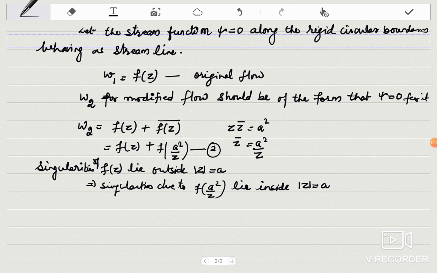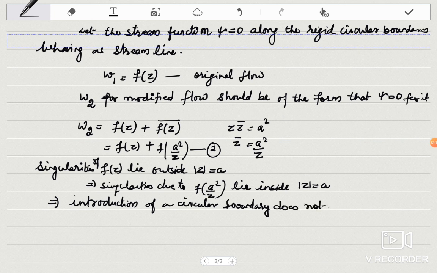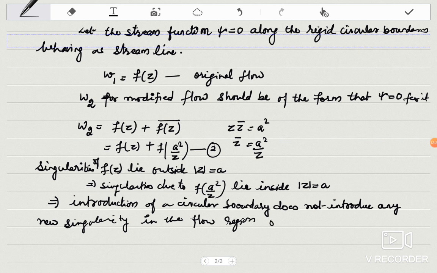If it is outside, then this is the inverse point, so it is inside. This implies introduction of a circular boundary does not introduce any new singularity in the flow region outside z equal to a.